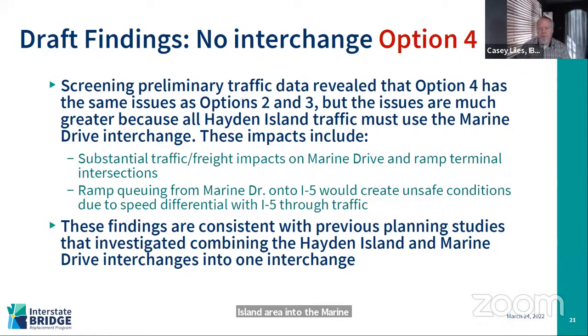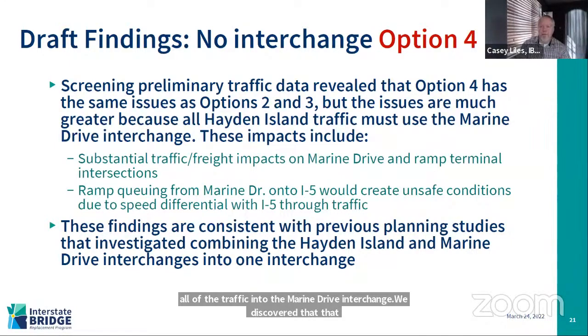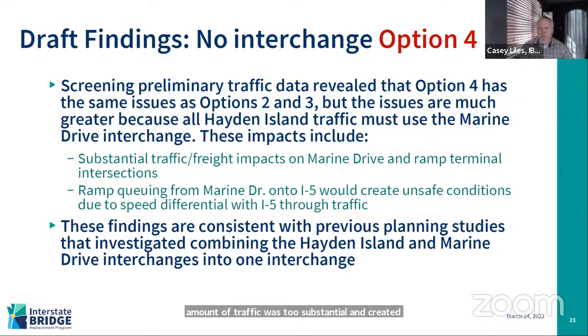We discovered that that amount of traffic was too substantial and created unsafe conditions due to speed differential with I-5. Therefore, option 4 was dismissed as it did not meet the purpose and need. We could not get all the traffic from the island into the Marine Drive interchange.